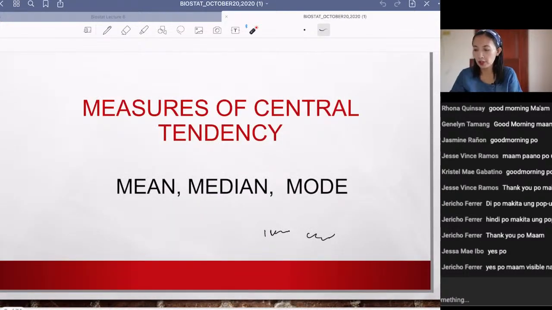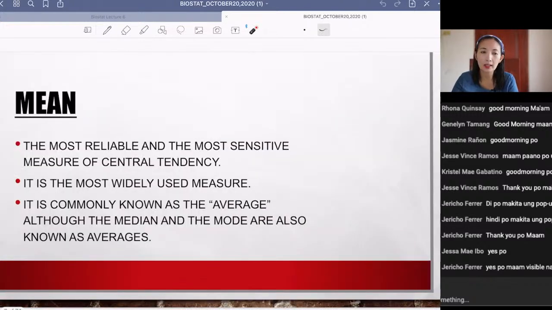So for measures of central tendency, as quickly as we can: your mean, median, and mode. What are the characteristics? This is one thing I failed to discuss last time. The mean is the most reliable, most widely used, most sensitive measure of central tendency.